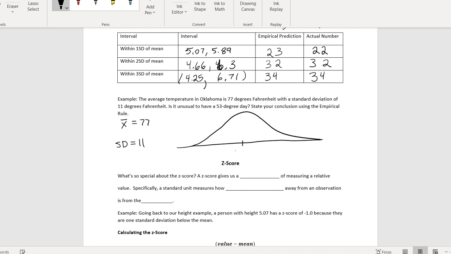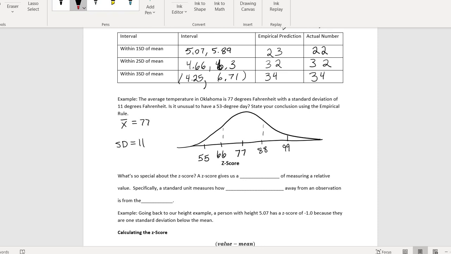So right in the center, most days are going to be 77 degrees. And if we add and subtract a standard deviation, that's going to capture 68% of our days. Now, if we go one more standard deviation out, that's going to be 95% of our days.